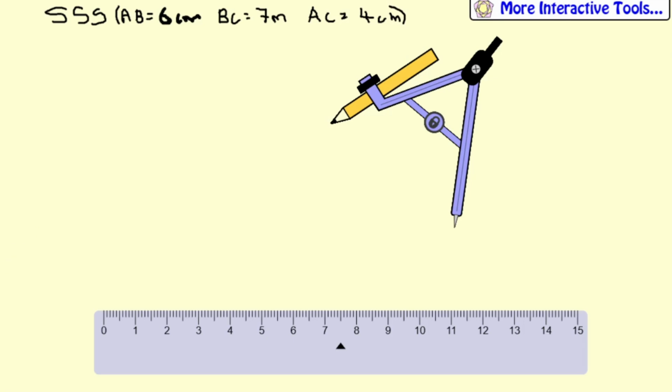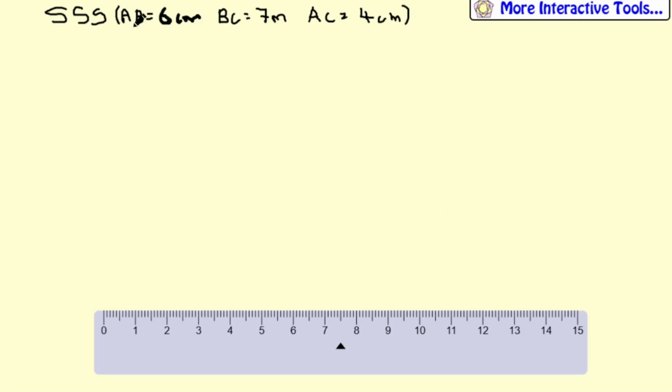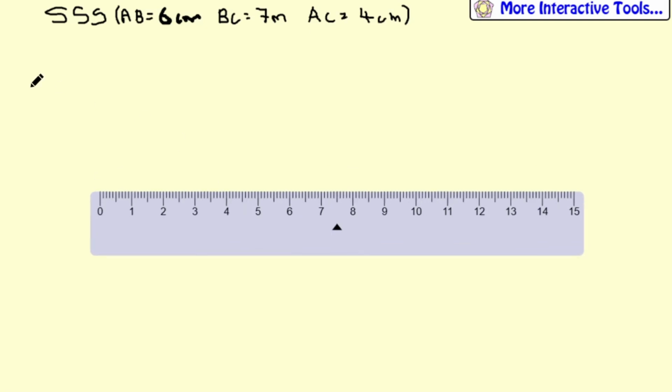All right. Right away, we can identify what type of triangle this is. This is a scalene triangle because all the sides are different. All right. So let us go now.